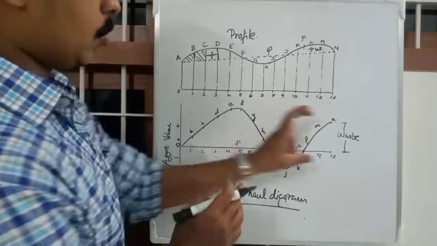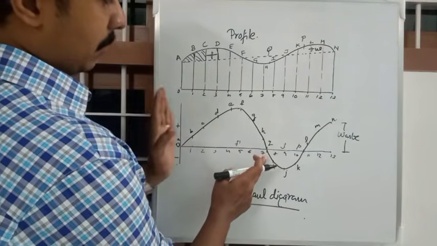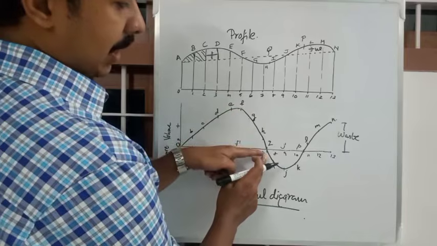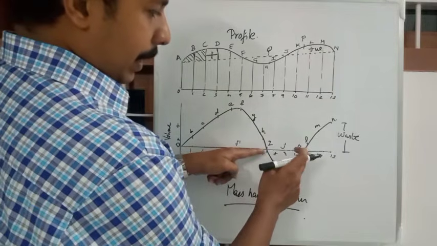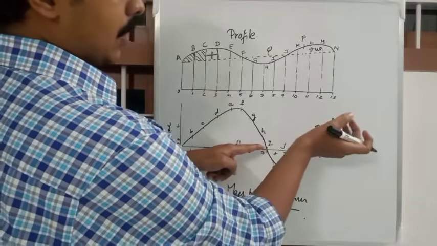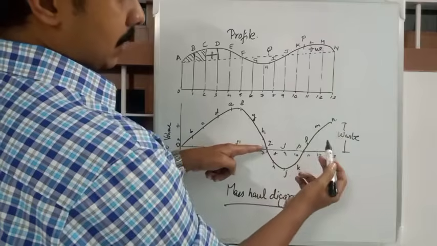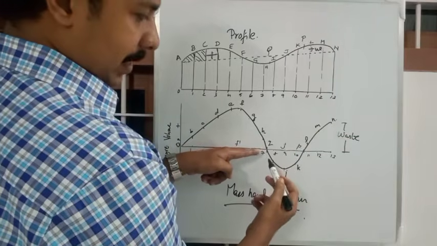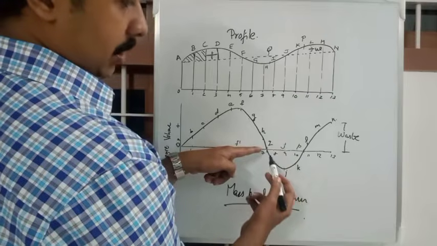Assume a truck is moving towards the right, and from A to Q it will be cutting, and when it reaches Q it will be empty. Then from Q to P the truck will be pulling earth from the positive side backwards. As it is pulling it backwards, it is called the negative portion.